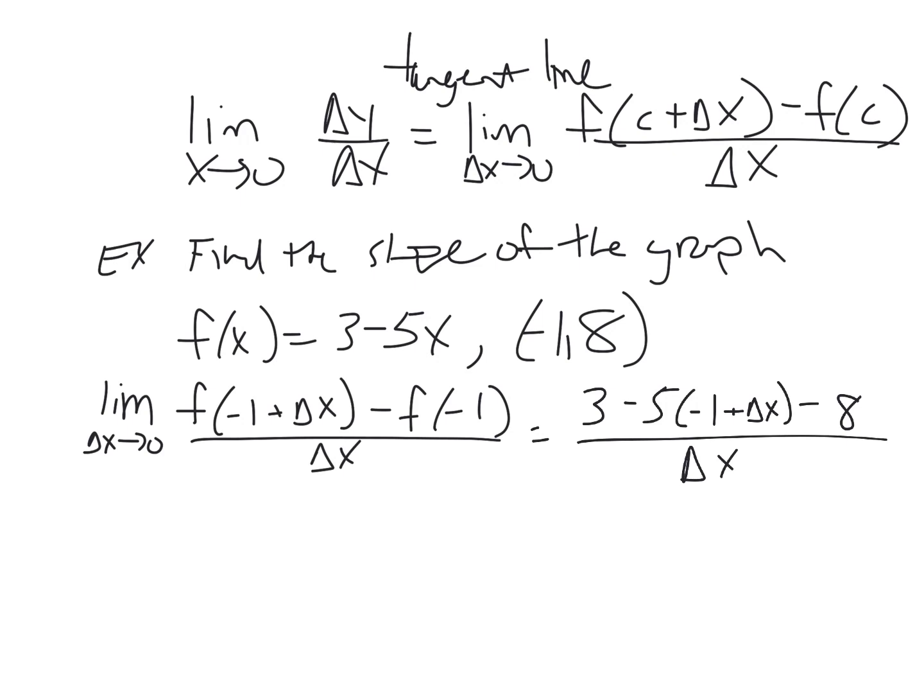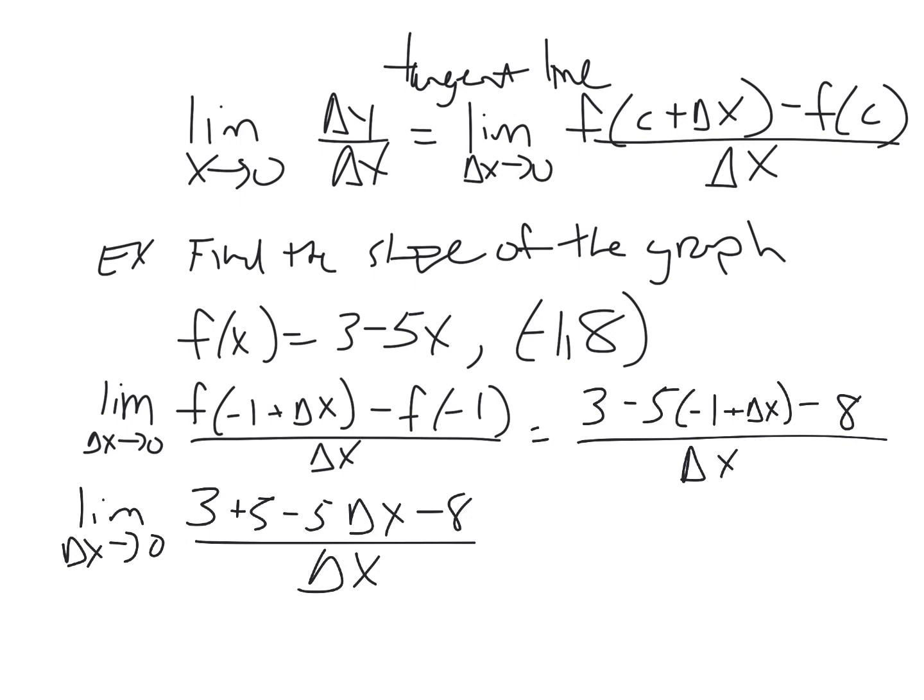So we simplify, distribute the -5, you're going to get 3 plus 5 minus 5 change in x, minus 8, over change in x, as change in x approaches 0.